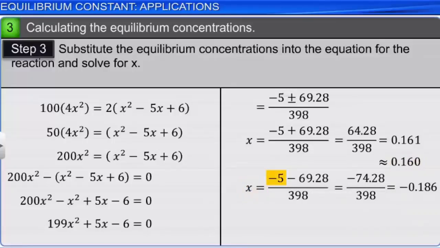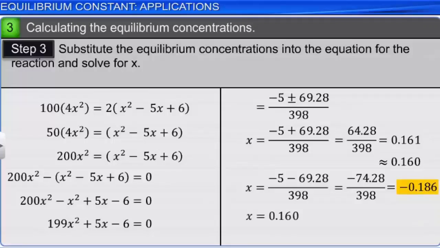This becomes equal to -74.28 divided by 398, which is equal to -0.186. As concentration cannot have a negative value, it is clear that the correct value of x is 0.160.